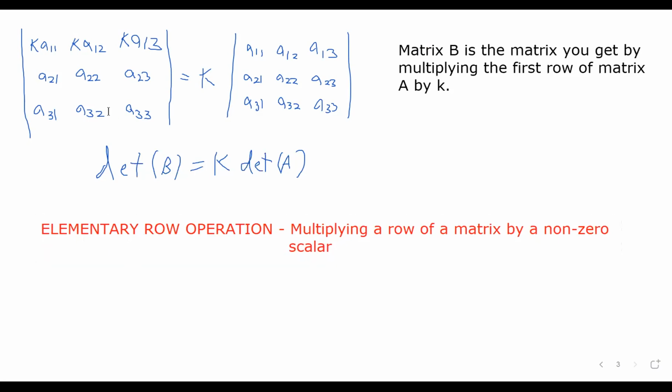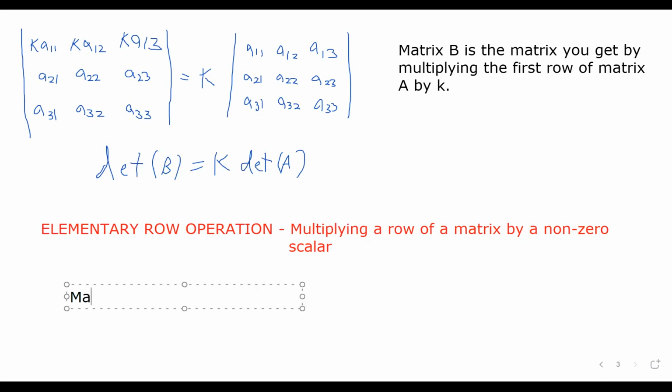So by multiplying a row of matrix A by a non-zero constant K, the result is a matrix whose determinant is K times the determinant of the original matrix. So this is one elementary row operation, and there is a relationship between the determinant of the new matrix and the determinant of the old matrix, before and after that elementary row operation.